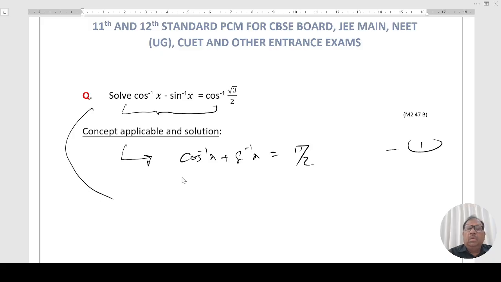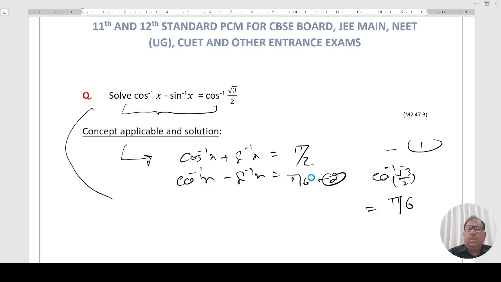And cos inverse x minus sin inverse x equal to value of cos inverse root 3 by 2. Root 3 by 2 is value of 30 degree, pi by 6. This is equation 2.